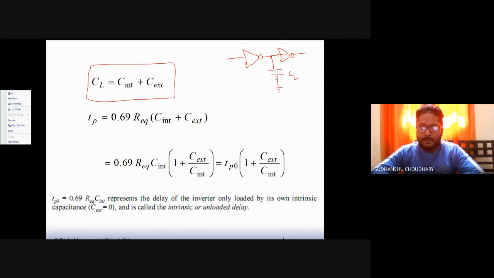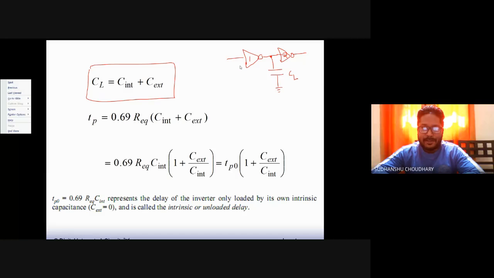One is the extrinsic capacitance, that is, the capacitance which is not associated with this inverter. That extrinsic capacitance comes from the wire capacitance plus the capacitance of the gate of inverter number 2. So the total load capacitance which inverter 1 sees is CL, and this CL is divided into two parts, intrinsic plus extrinsic. Extrinsic is the total wire capacitance plus the gate input capacitance of inverter number 2.